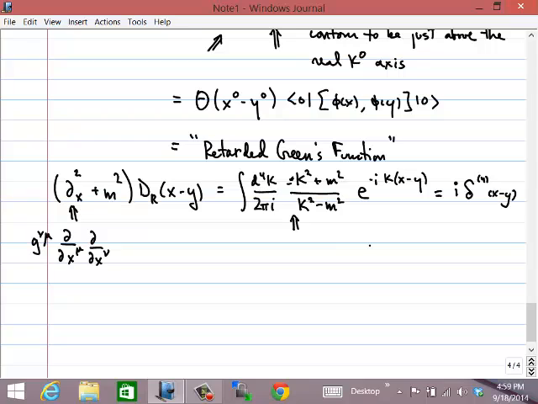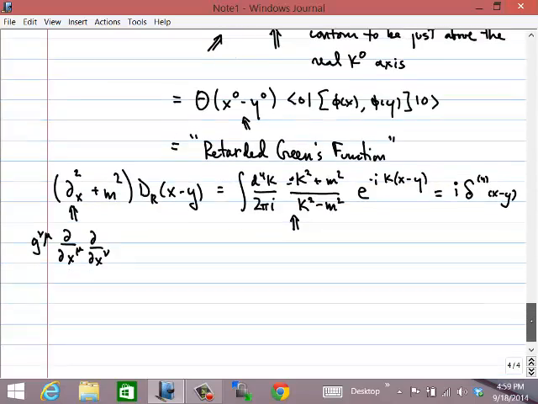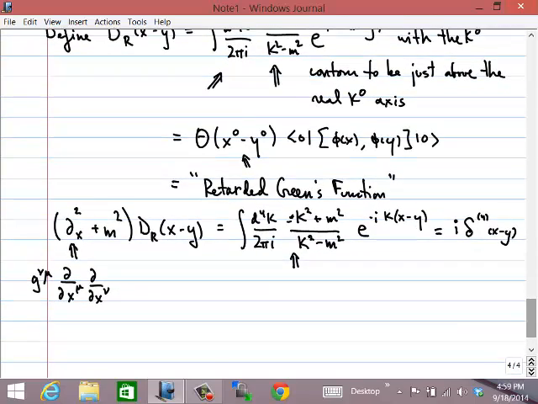So this D_R, the retarded Green's function, is a Green's function. And it's called the retarded Green's function because it's the one that has a theta function of x⁰ minus y⁰ out front. But in fact, when I went through this argument that showed that D was a Green's function, I didn't use that contour prescription anywhere.